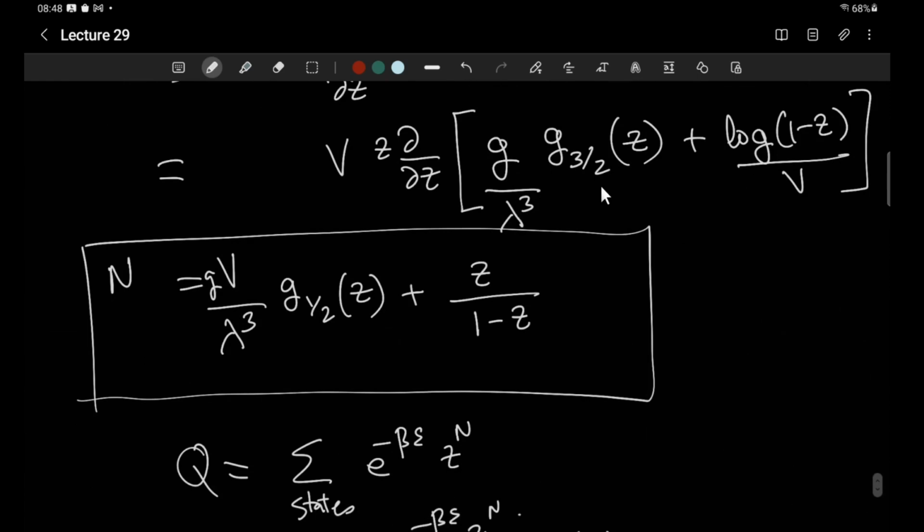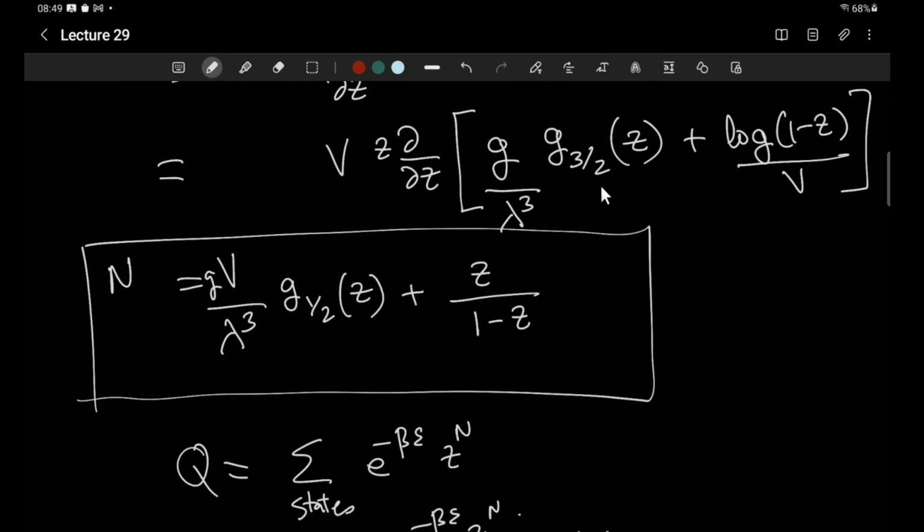V by lambda cubed, you agree, is dimensionless. Lambda is the thermal wavelength, so lambda cubed has the same dimension as volume. So V by lambda cubed is dimensionless. G of Z for anything is dimensionless, as we discussed. Similarly, 1 by Z is also dimensionless. If you multiply by KB of T, the left hand side N is a number, which has no dimensions. KBT has dimensions of energy.